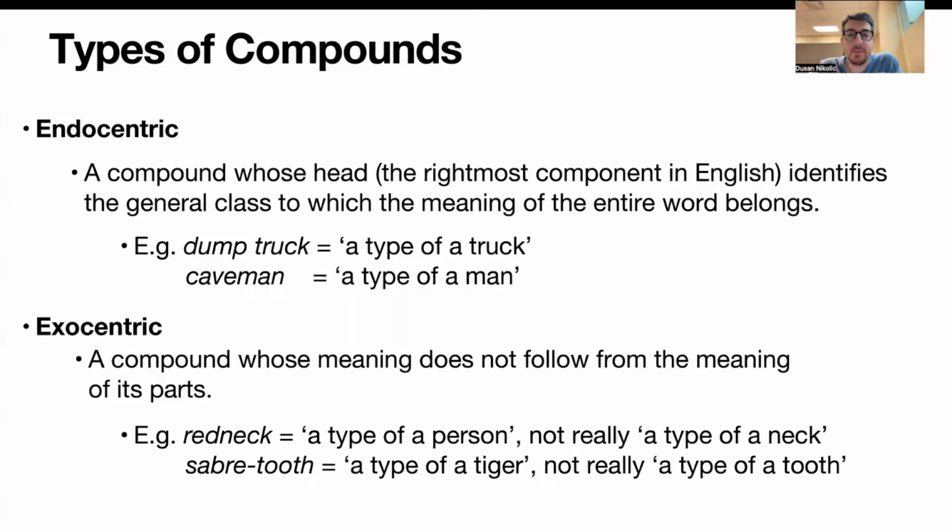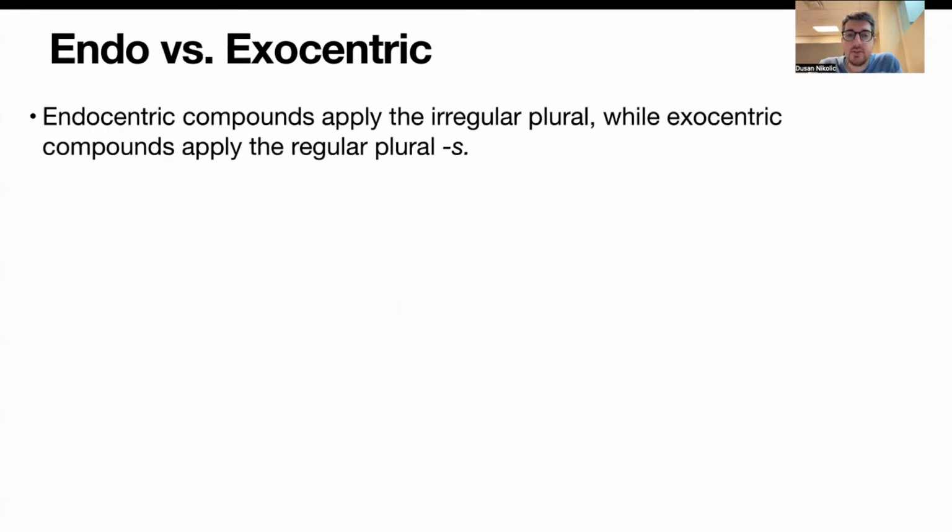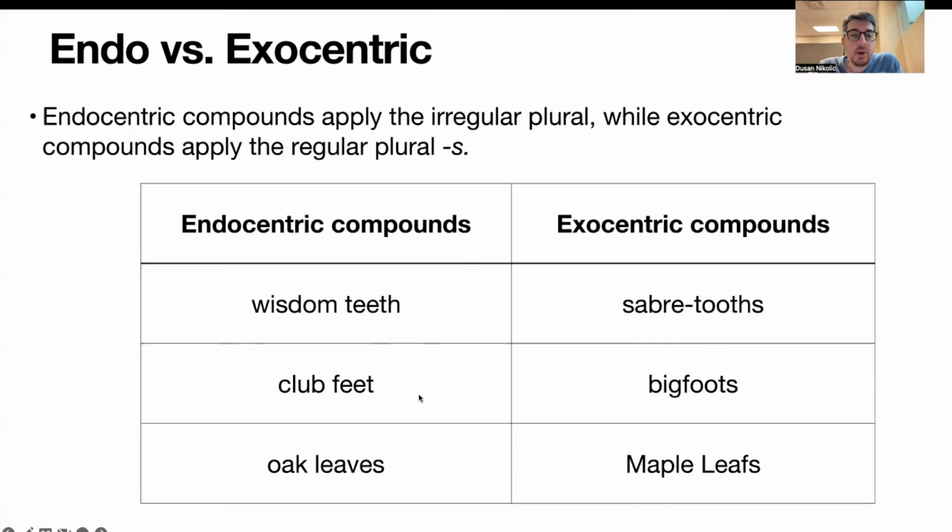We went through some examples. So endocentric compounds apply the irregular plural, while exocentric compounds apply the regular plural s. For example, this is how you can distinguish these two. Wisdom teeth, right? It's an irregular plural. It's not wisdom tooths.